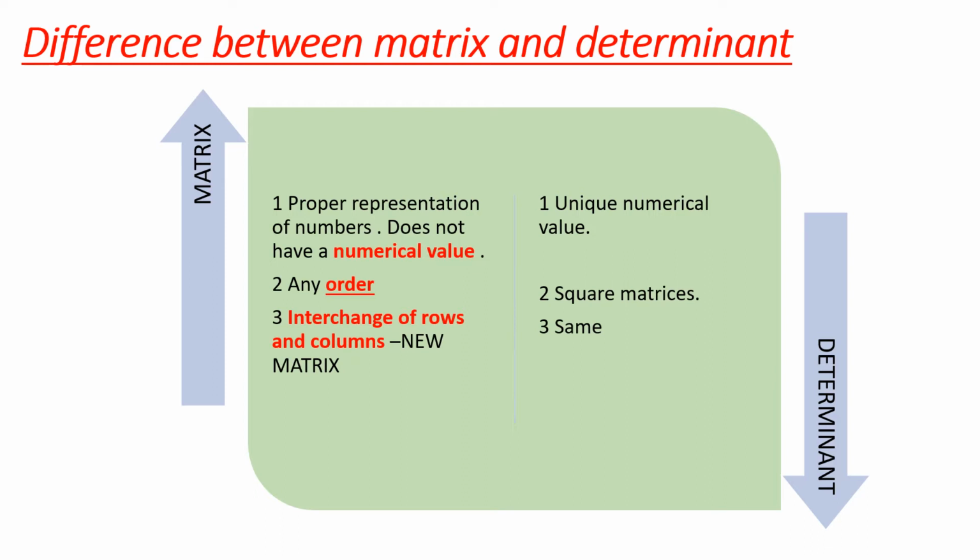A matrix can be of any order, 2 cross 3, 3 cross 2, 1 cross 2, but in determinants, we are dealing only with square matrices. If we interchange rows and columns of a matrix, we get a new matrix. But interchanging the rows and columns does not impact the determinant. It remains the same, which you will understand in the coming slides.